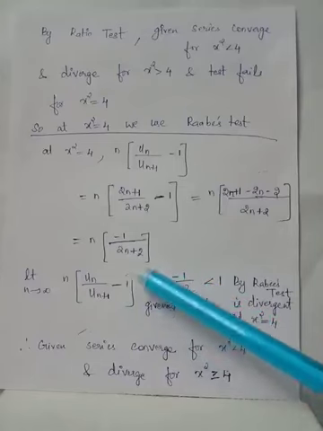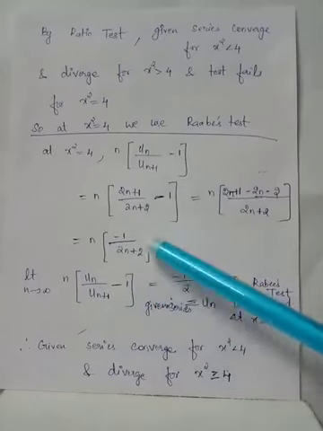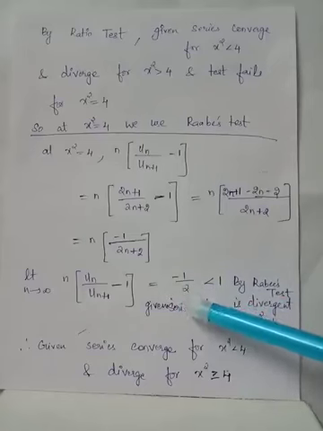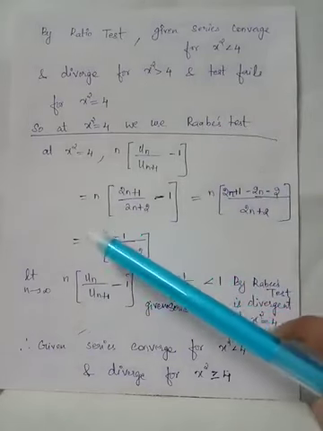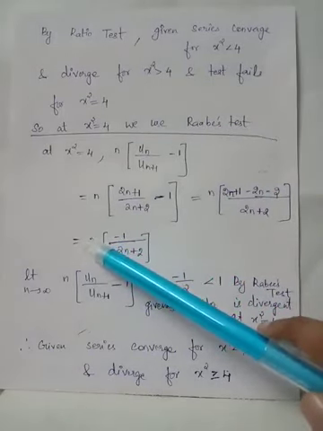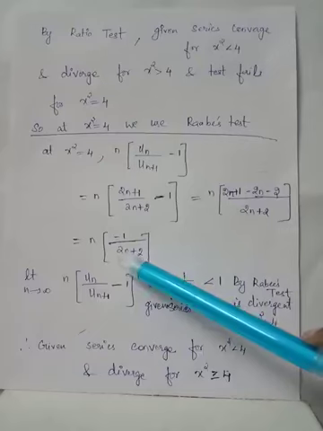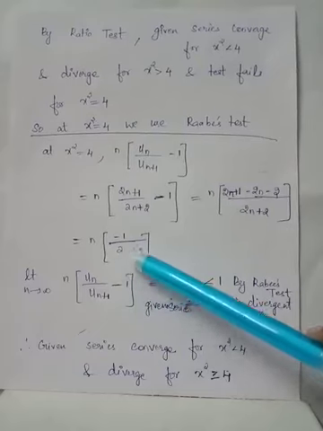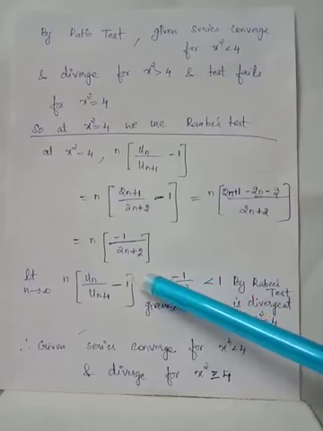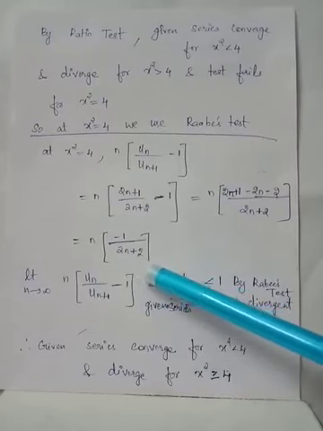Now when we apply limit n tends to infinity to this term, it becomes minus 1 by 2, because when you divide numerator and denominator of this expression by n, dividing the numerator by n, this n gets cancelled. Dividing the denominator by n, this becomes 2 plus 2 by n. We have limit n tends to infinity 1 by n becoming 0.